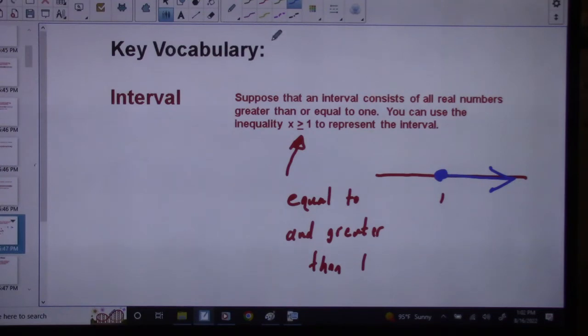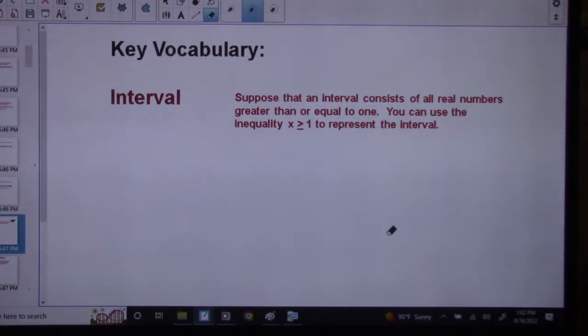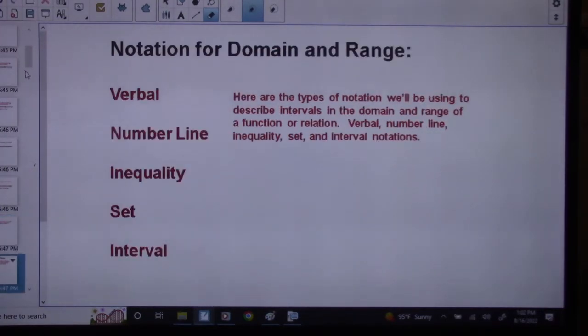So basically, you're trying at this point to reinforce your familiarity with inequality notation and number line notation, and we're going to introduce set notation and interval notation today. Interval notation is going to be your go-to notation for most of your remaining mathematical careers.